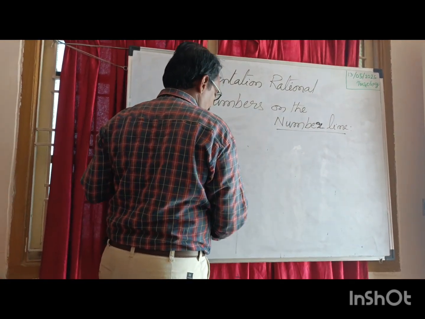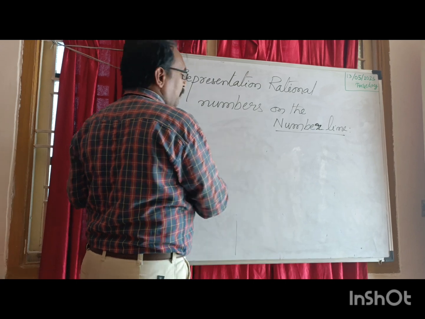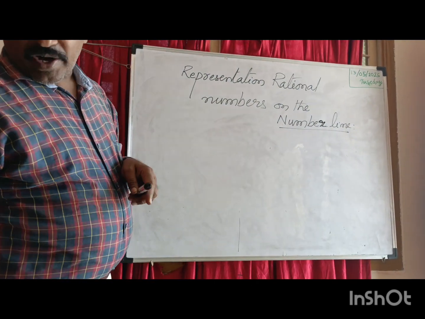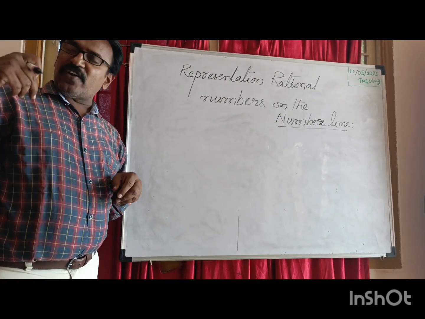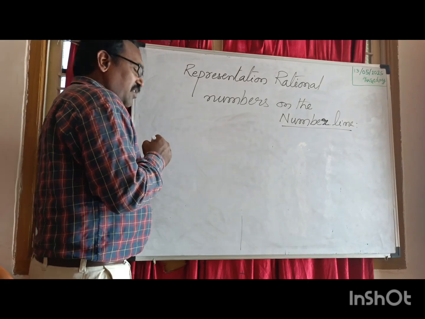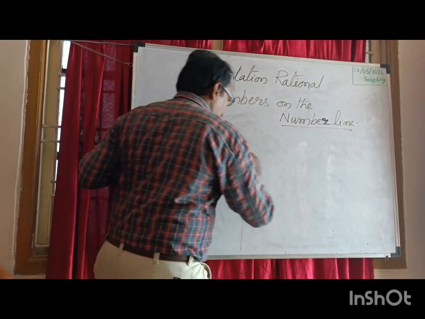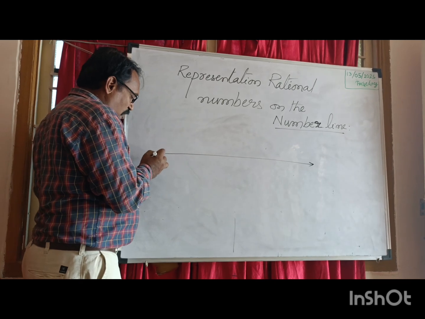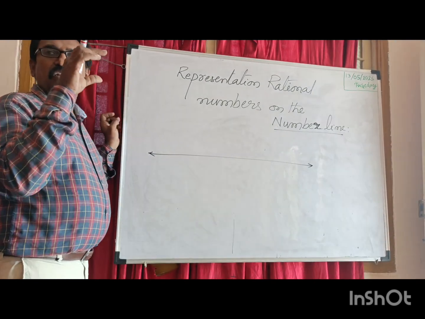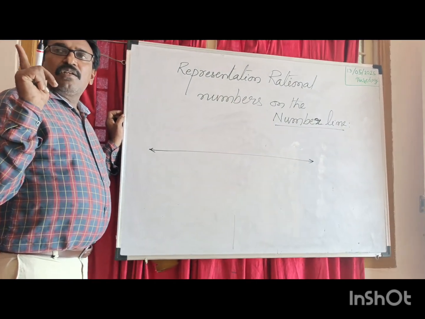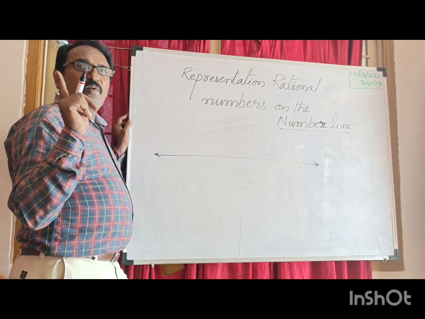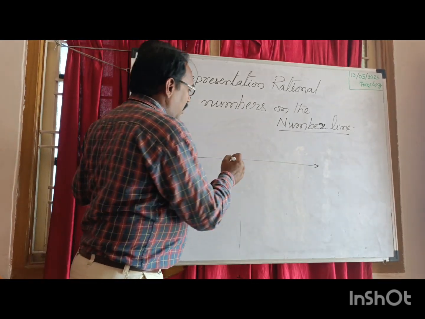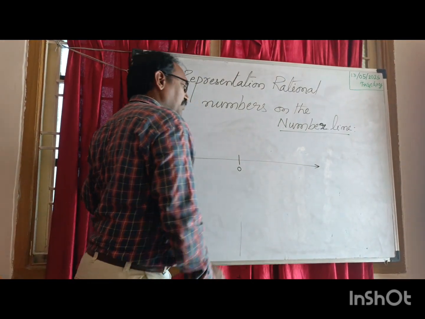Infinite rational numbers. We also know from geometry that in between any 2 points there exist infinite points. Every point is denoted by one rational number. Suppose here 0 is there.